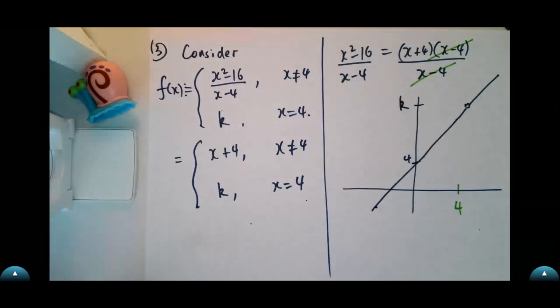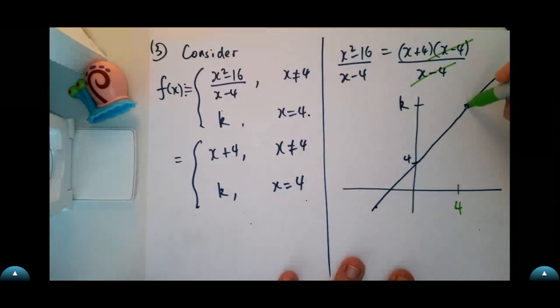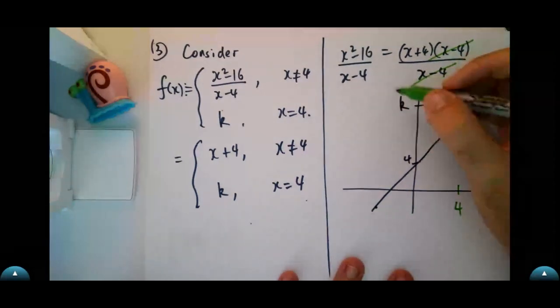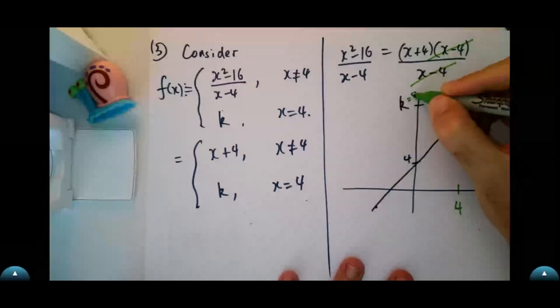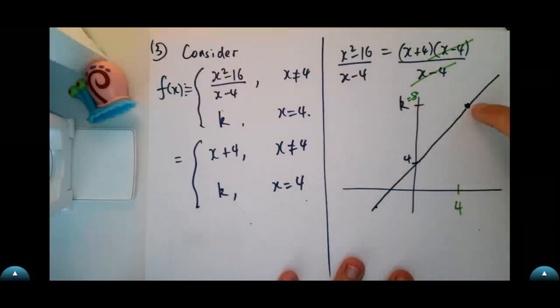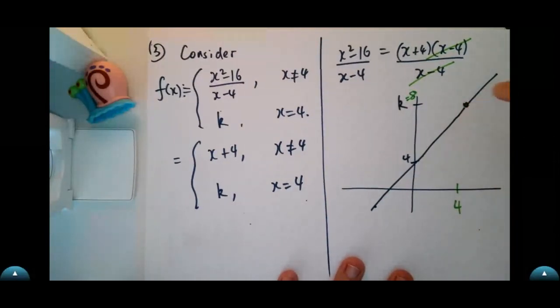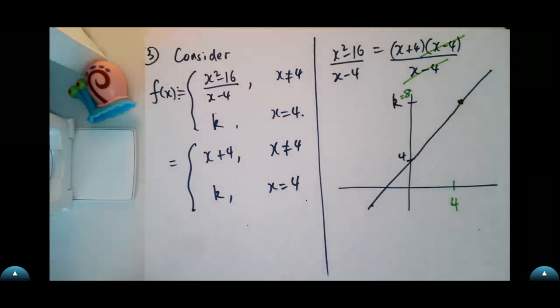Tom Smith, awesome. So if I was to take my pen and just go bloop, I'm going to define k to be 8, then it's like I'm putting my finger in a hole and plugging the hole. That's it.